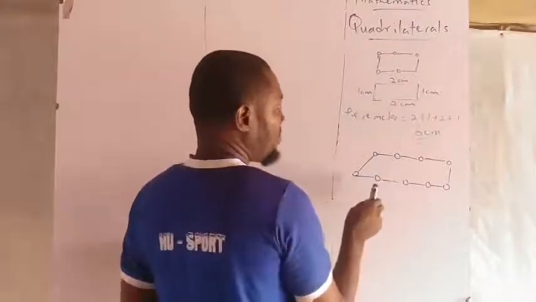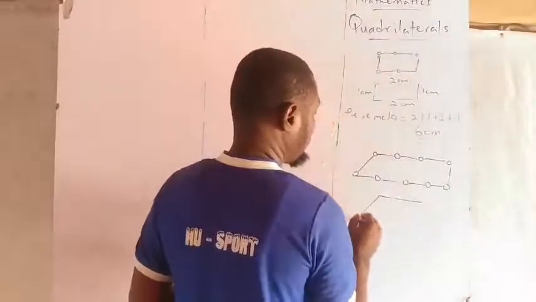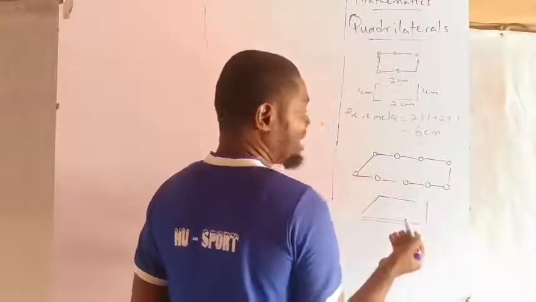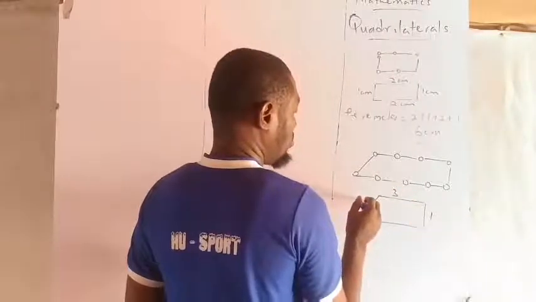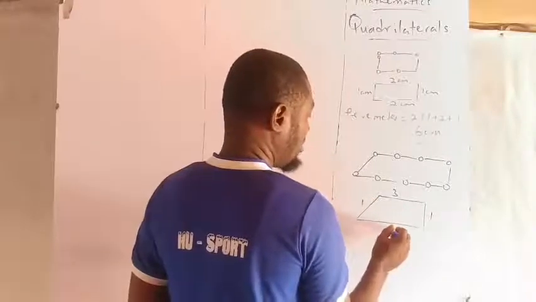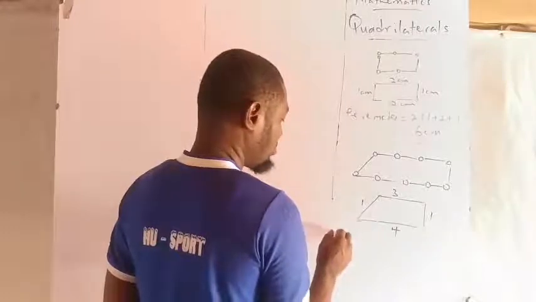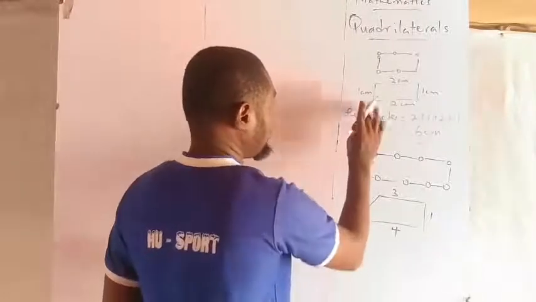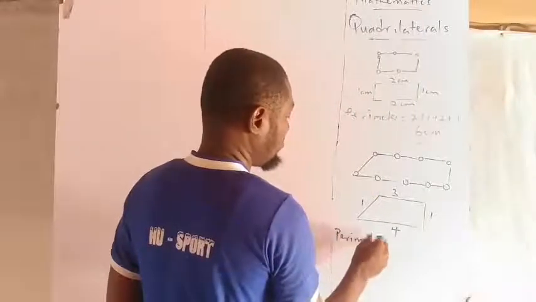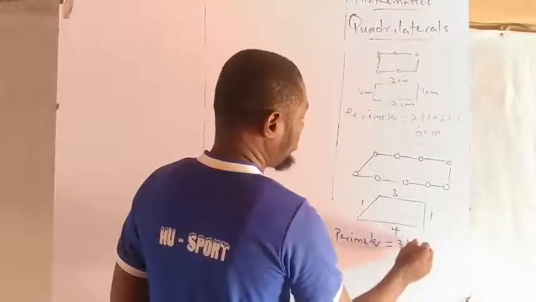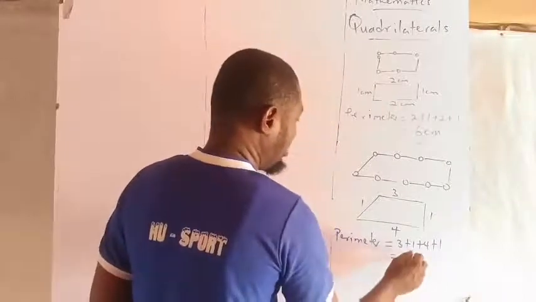So since I have 1, 2, 3, 4 here, I want to draw the shape. Mathematics is practical. So here will be 1, 3, 1, and 4. So if you are to find the perimeter of this trapezium, that will be 3 plus 1 plus 4 plus 1, and that will give you 9. Your answer is 9 units.